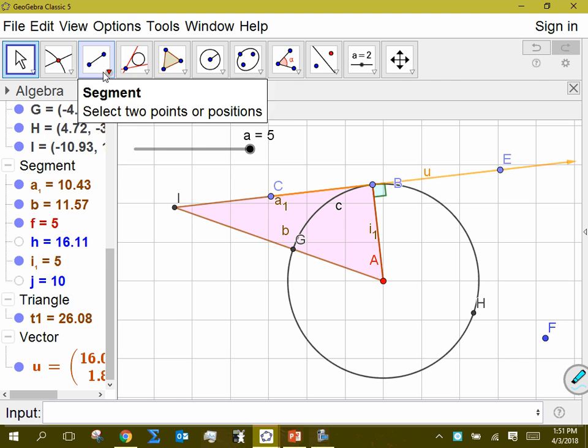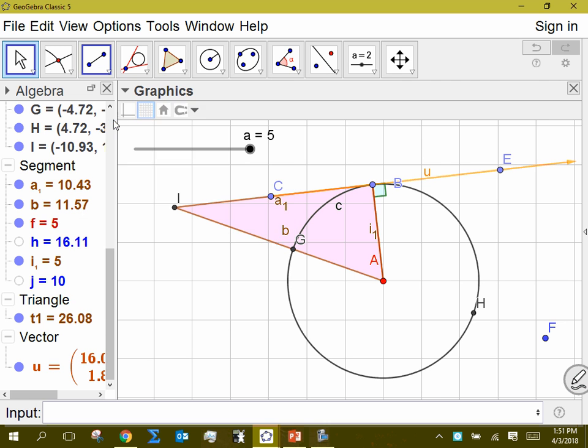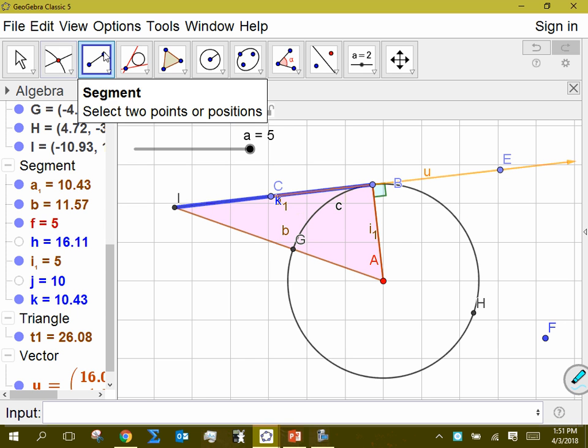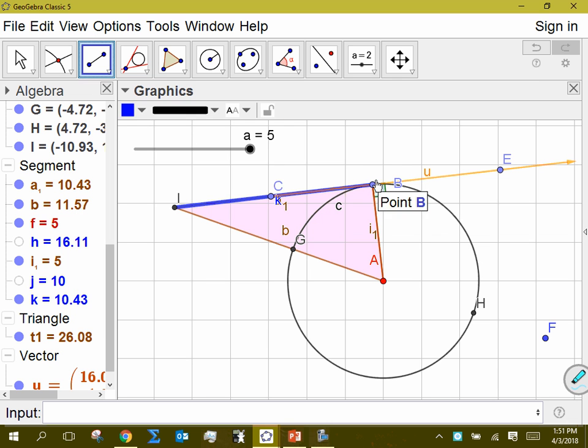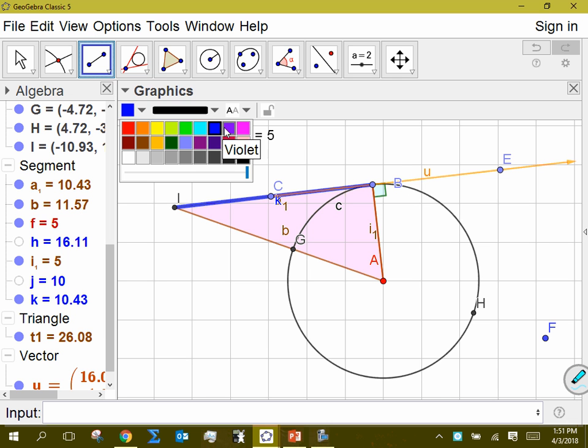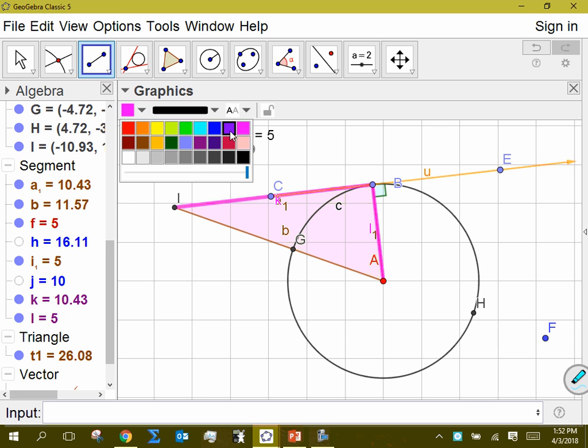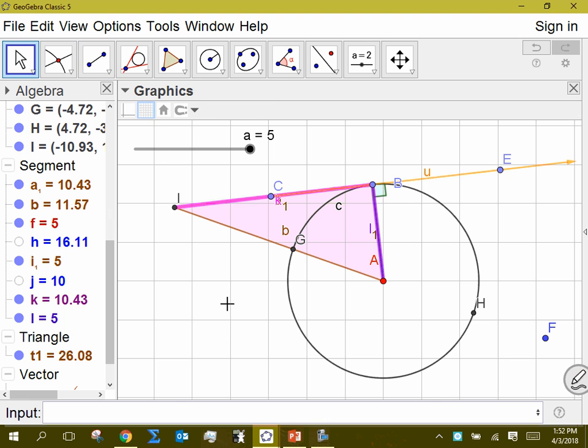Why we call this a tangent is because if I look at this distance right here, which is a portion of the tangent line, and I divide it by the purple segment, I take the pink segment and divide it by the purple segment.